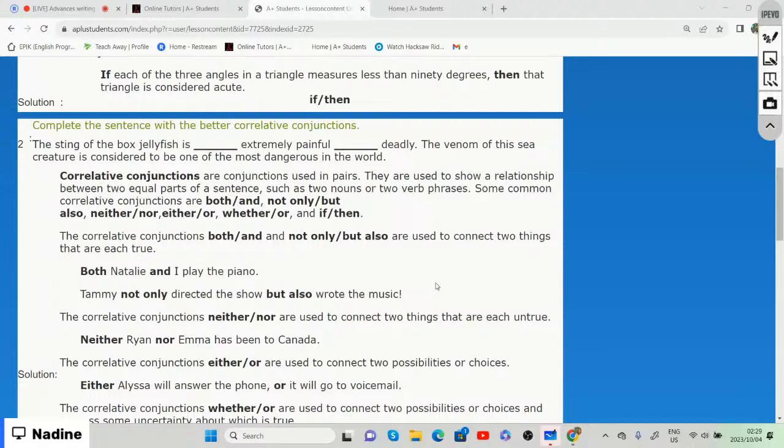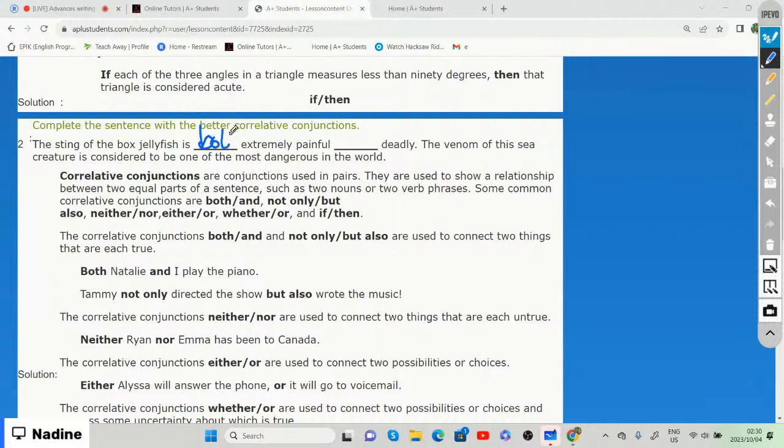The venom of the sea creature is considered to be one of the most dangerous in the world. So we need to choose the correct one. If we choose the correct one, we can say it is both extremely painful and deadly. And that is our correlative conjunction.